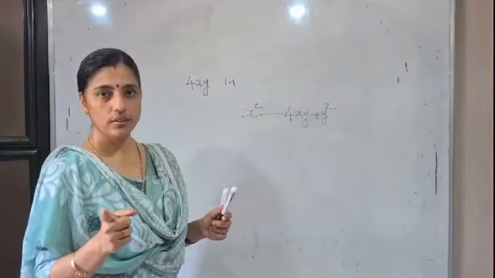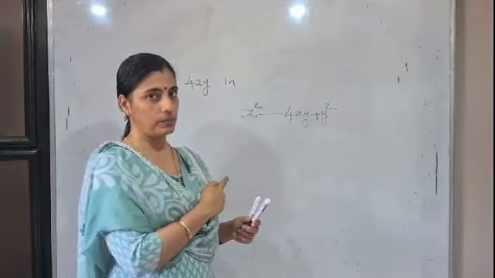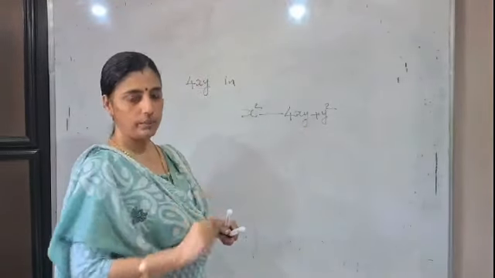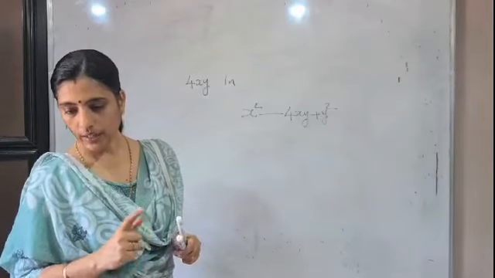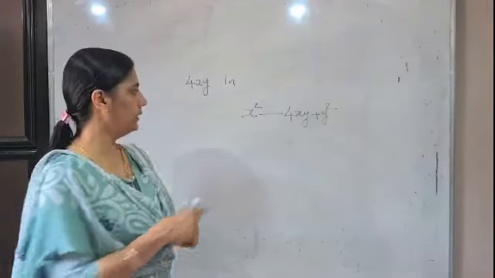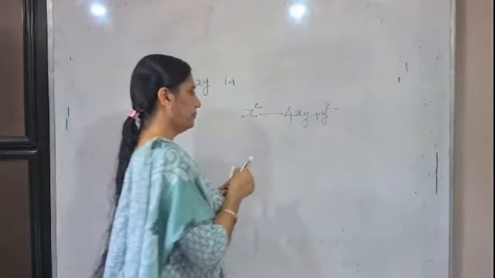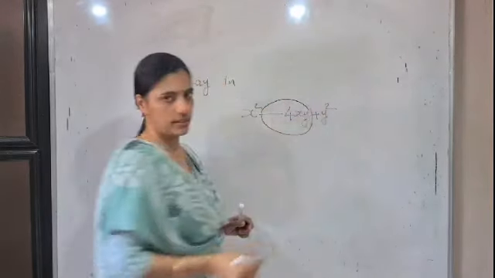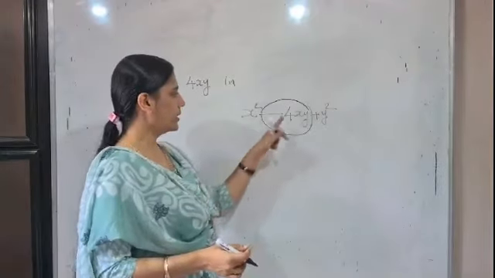4xy comes, there may be some doubt, so I am explaining again. 4xy comes in this middle term. So consider that middle term only and write the coefficient of 4xy in that, including the sign. What is the coefficient of 4xy?